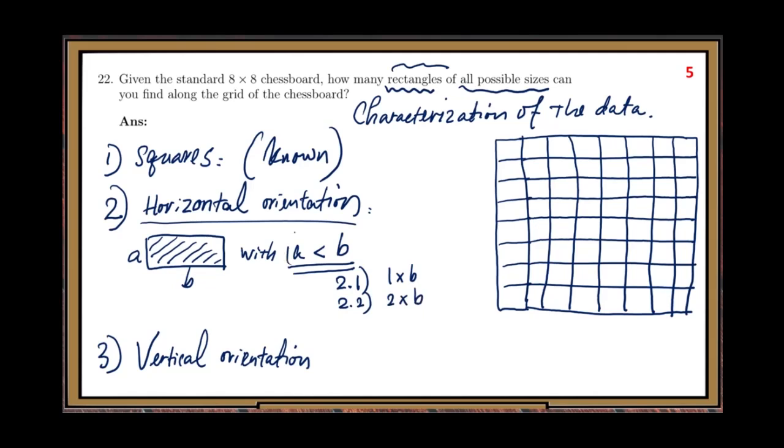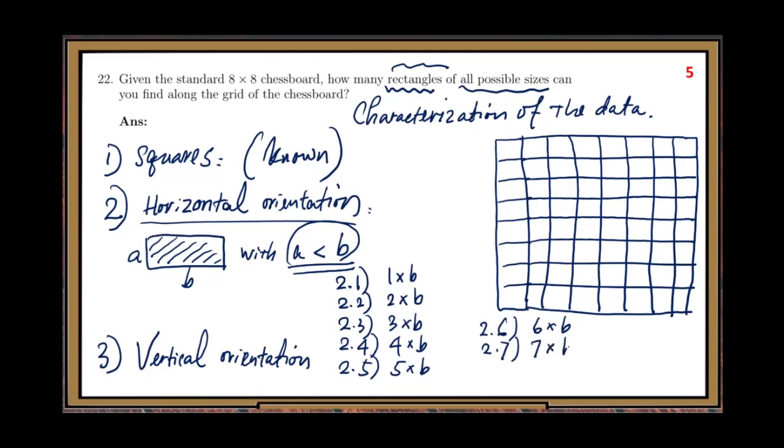Make sure A is strictly less than B. 2.3: how many 3 times B? 2.4: how many 4 times B? 2.5: how many rectangles with 5 times B? 2.6: how many rectangles with 6 times B? 2.7: how many rectangles with 7 times B?